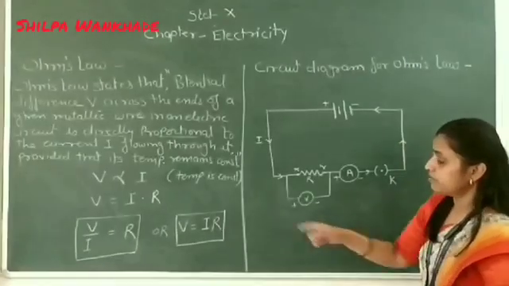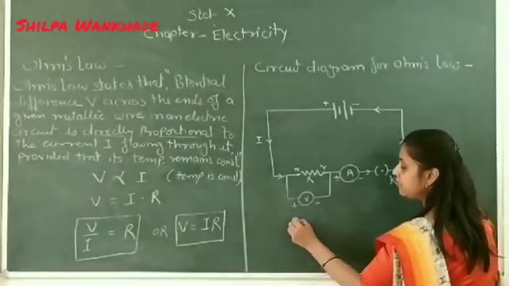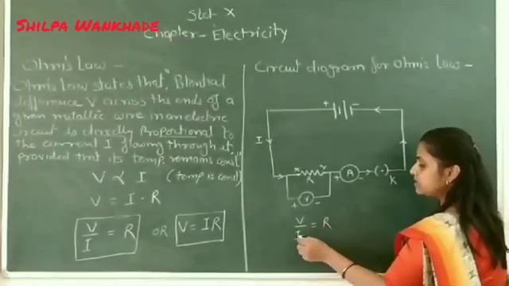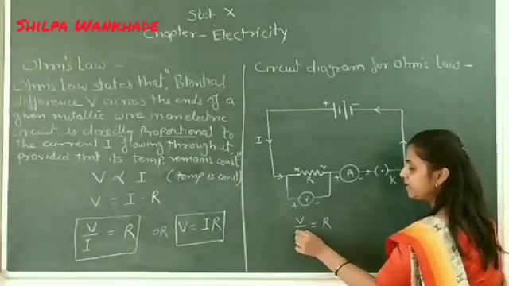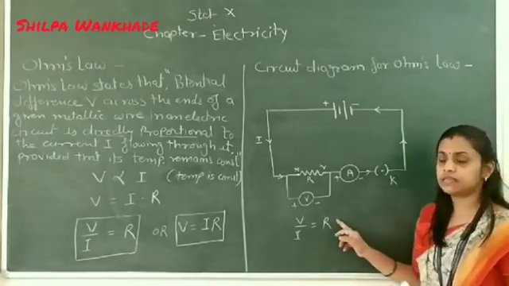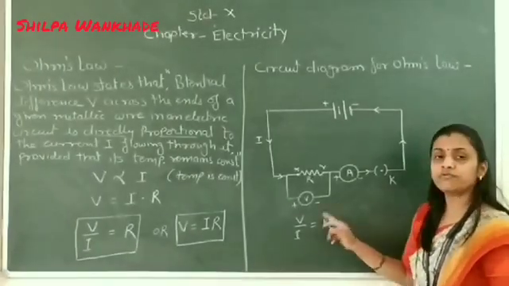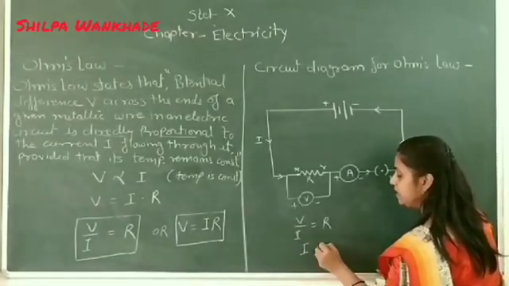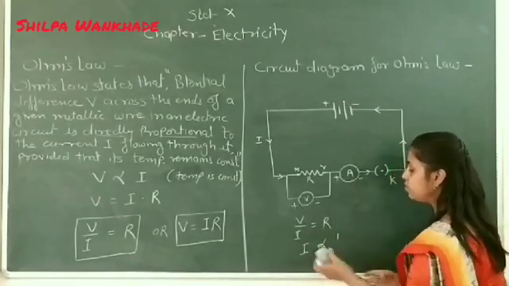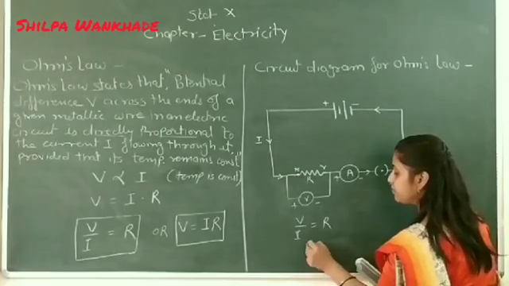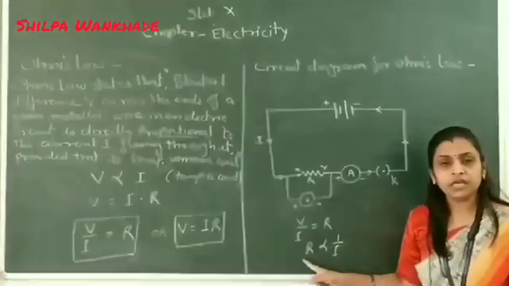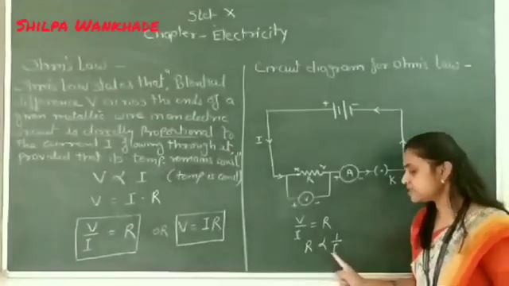Now, you have seen there is a formula I equals V by R. Means R is in the denominator and I is in the numerator. So from this relation we can say that I is inversely proportional to R. Means what is the relation between resistance and current?